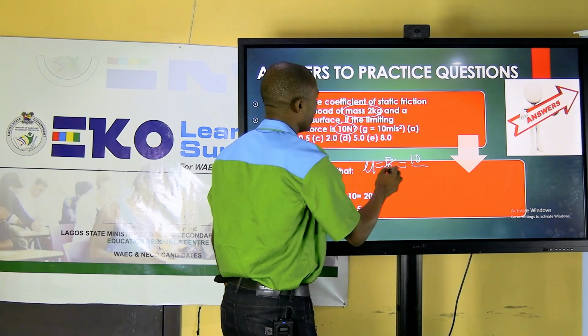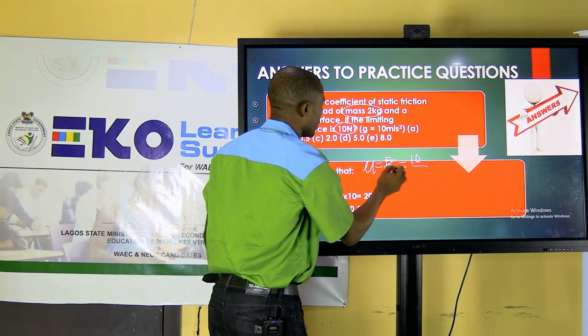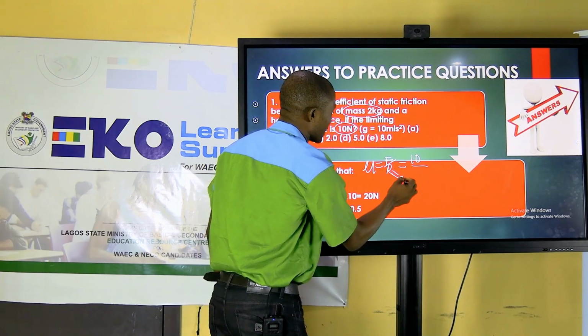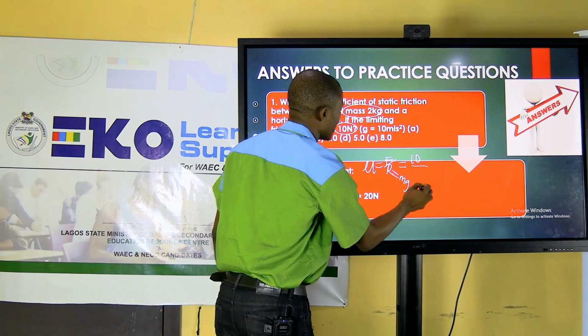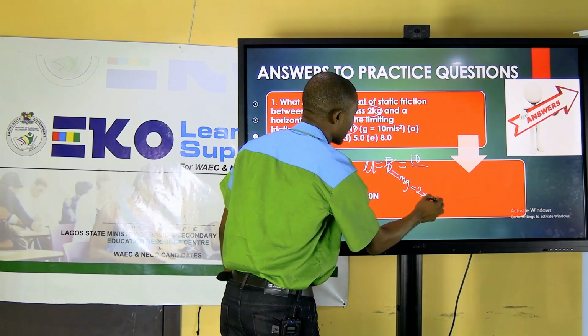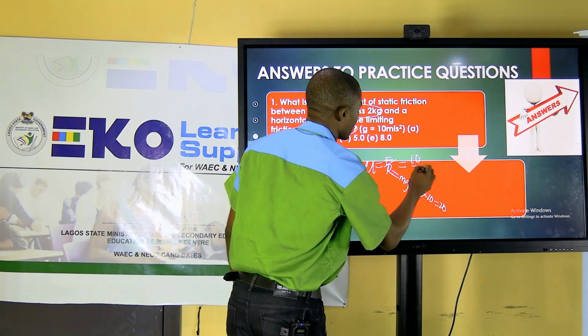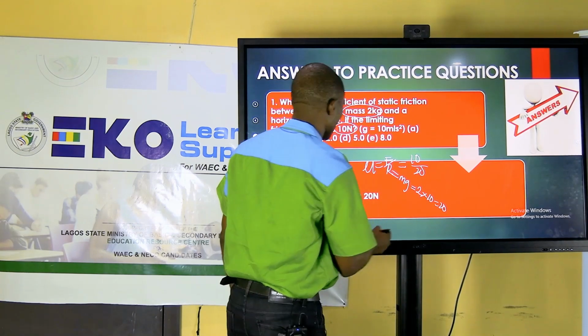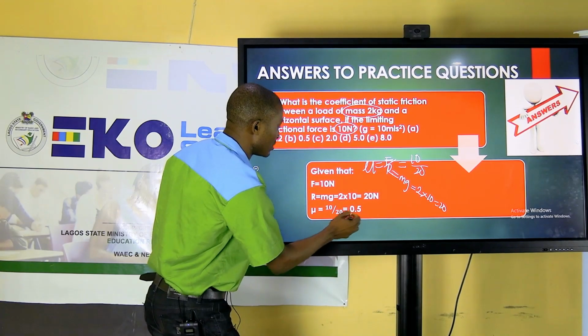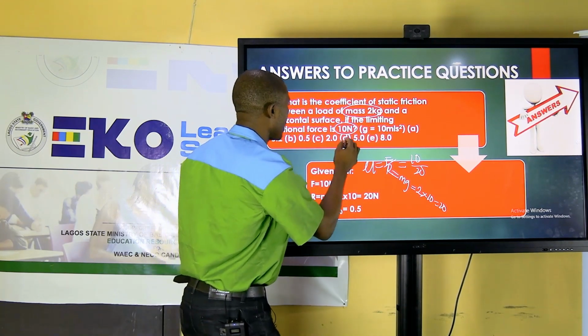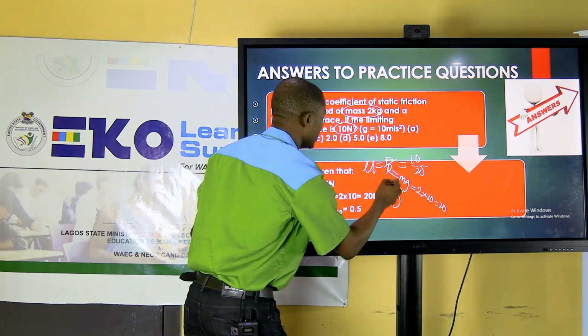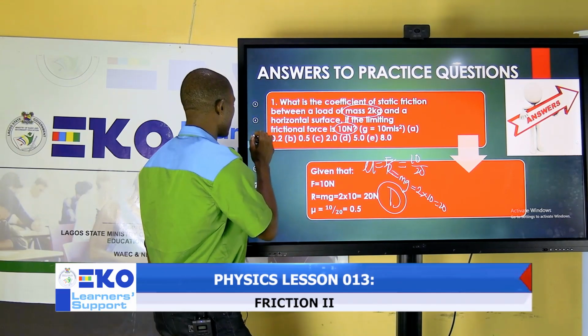R is not given directly, but you know R is mass times acceleration due to gravity. Mass is 2, acceleration due to gravity is 10, so this gives us 20. So you have 10 over 20, which is 0.5. So the correct option here is option D.